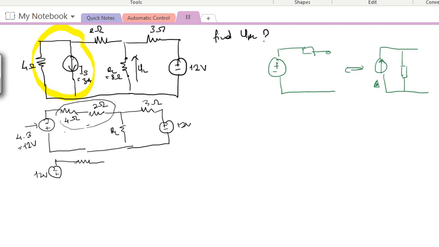So now the net simplification is 4 plus 2. Now you have 6 ohm over here, and the rest of the circuit maintains the same, right? RL, 3 ohm, and voltage supply of 12 volts in this direction.